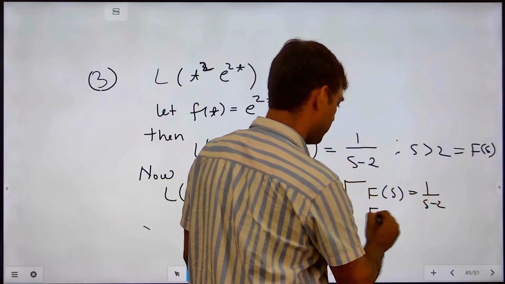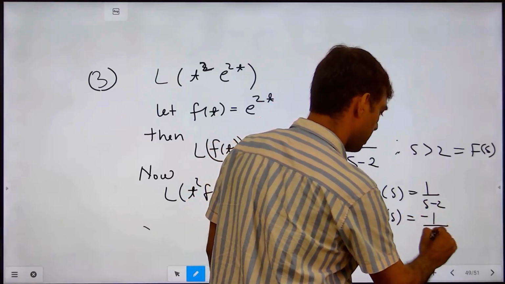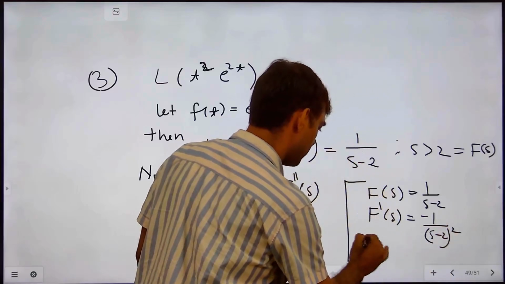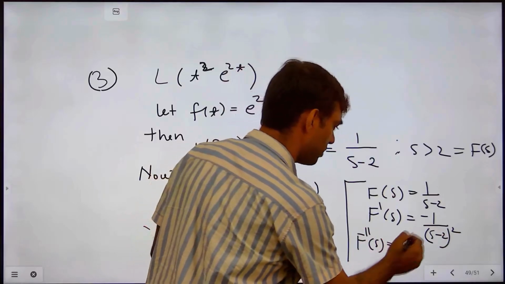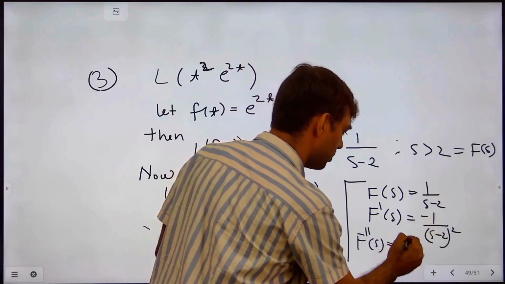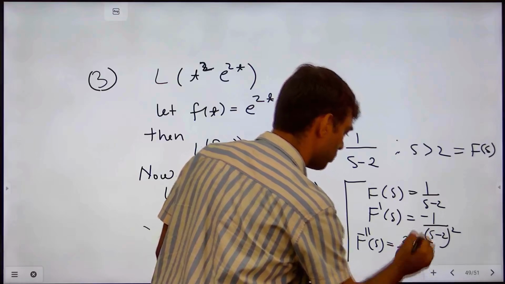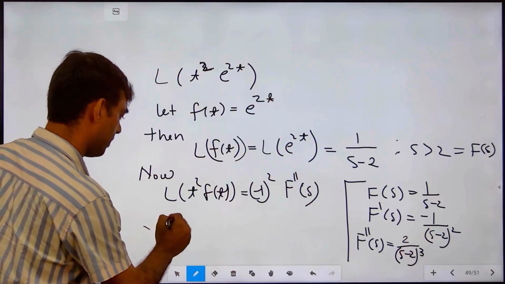F dash s is minus 1 upon s minus 2 whole squared, and F double dash s, if we differentiate once again, minus minus becomes plus, is 2 upon s minus 2 whole cubed.